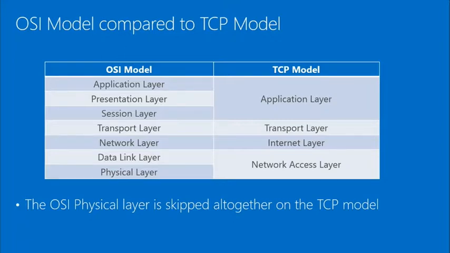The network layer routing in the OSI model is similar to the internet layer routing in the TCP model. And then again, the network access layer in the TCP model isn't really concerned. They're like, you can use Ethernet, you can use FDDI, you can use whatever you want. We don't care. We're more concerned with the upper levels.